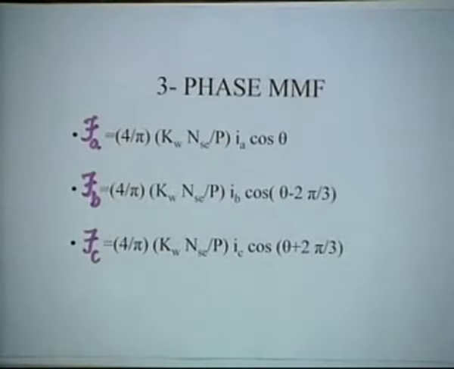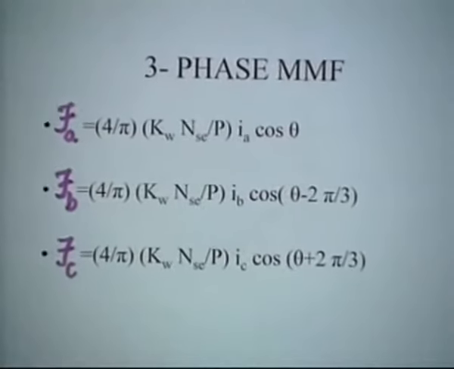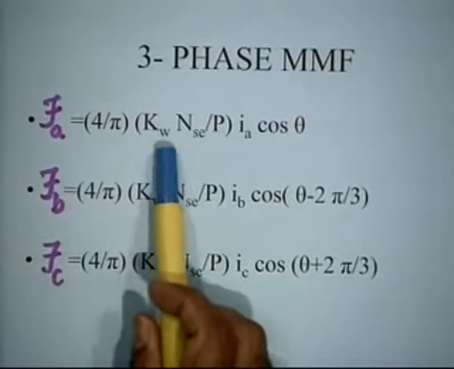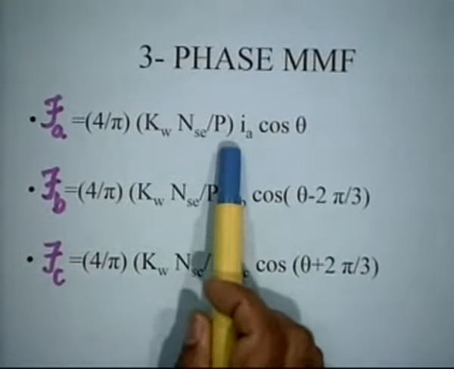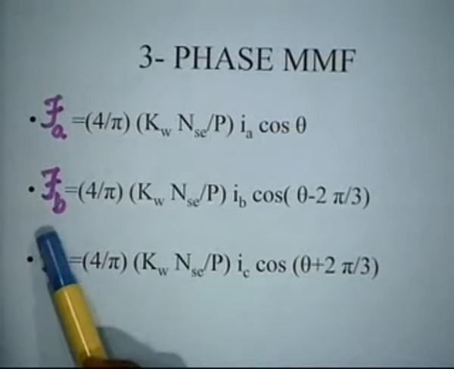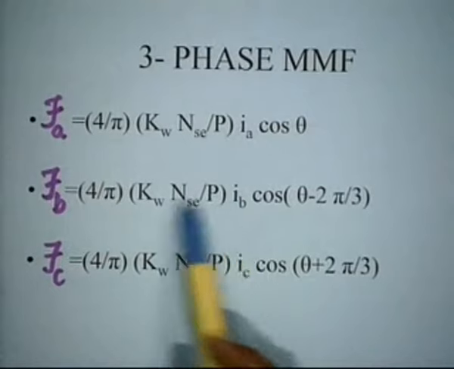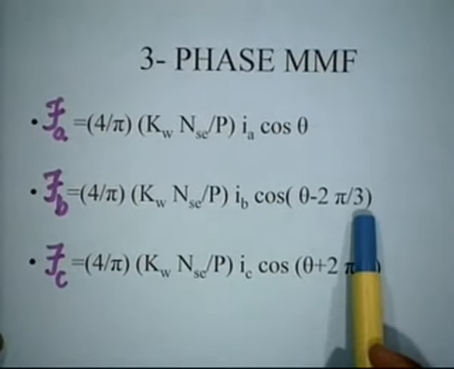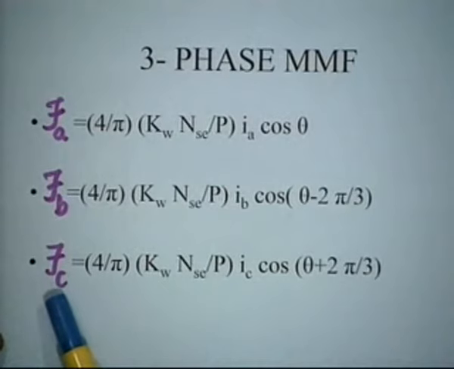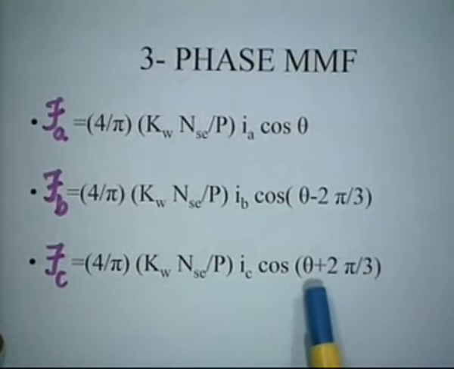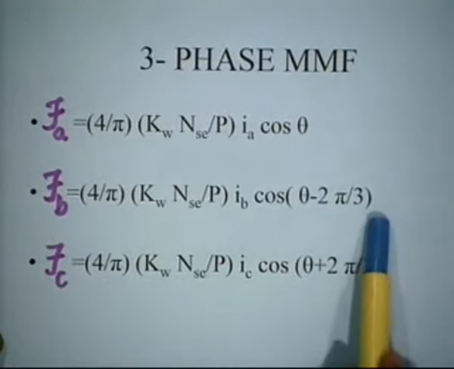We can write like this: 3 phase MMF can be written as FA equals 4 by pi kW n by P, the constant, into IA cos theta, FB is 4 by pi kW n by P, same constant, into IB cos (theta minus 2 pi by 3), FC, that is MMF due to C, will be the same constant into IC cos (theta plus 2 pi by 3), because each of them will be centered differently.